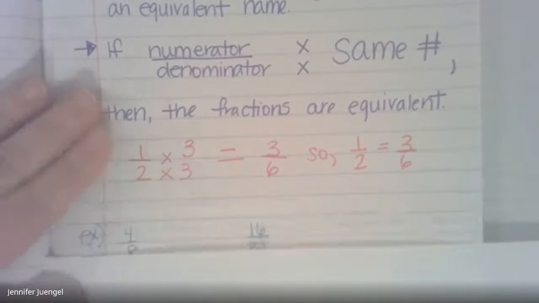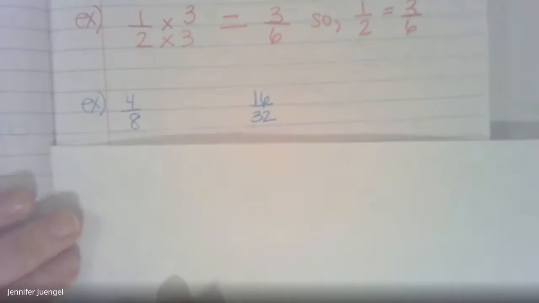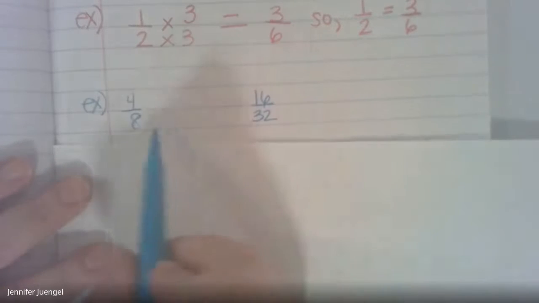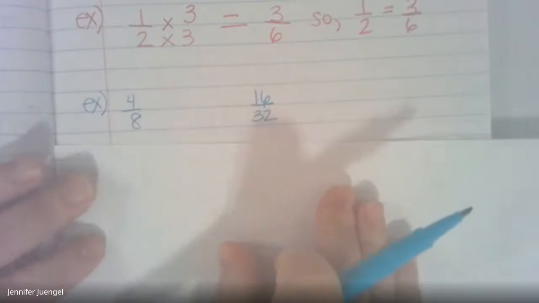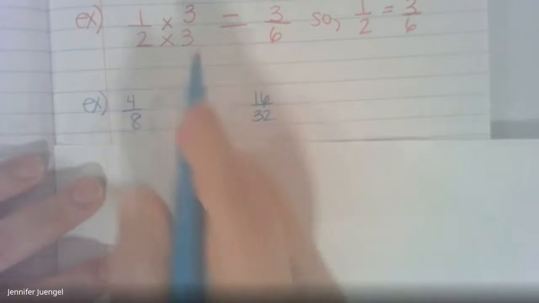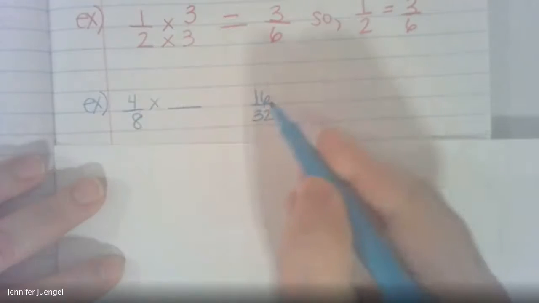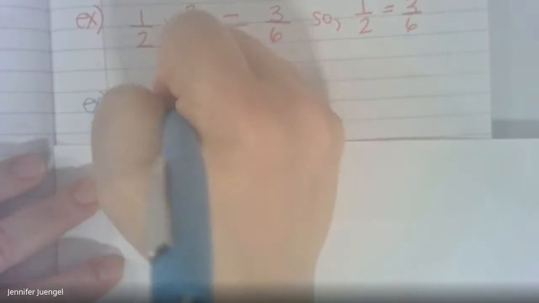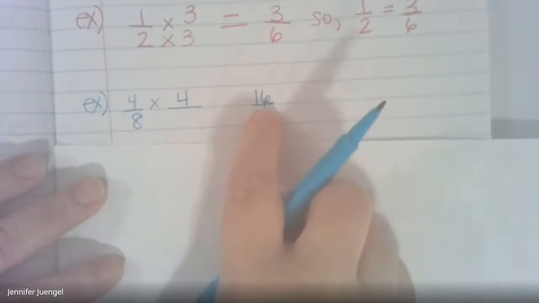Let's try another one. Here's two fractions, 4/8 and 16/32. First, let's find out how I get from 4 to 16. 4 times what equals 16? 4, 8, 12, 16. Okay, so it's 4. 4 times 4 equals 16.